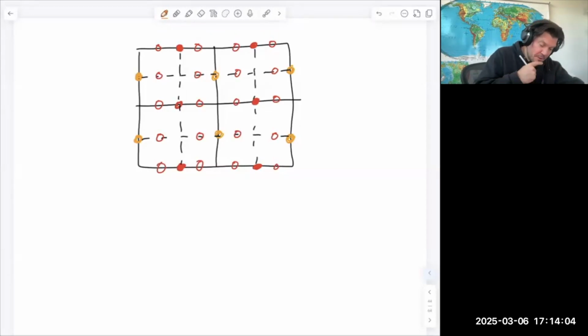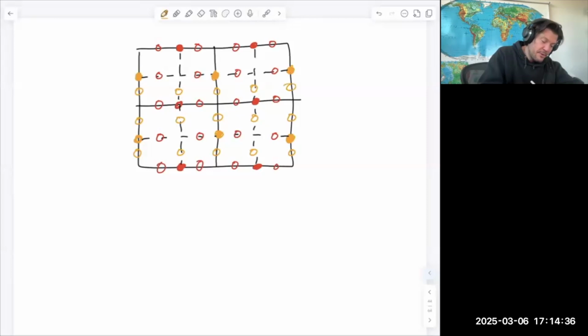The east-west points for the fine grid are going to be as follows. And again, let me first go in and color in the ones on the coarse grid because they should be distinguished from those in the fine grid. So on the fine grid, I have the diffusion coefficient defined at all of these open circles.